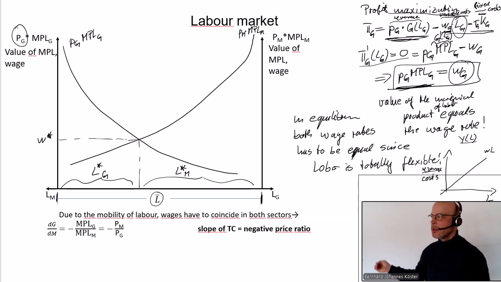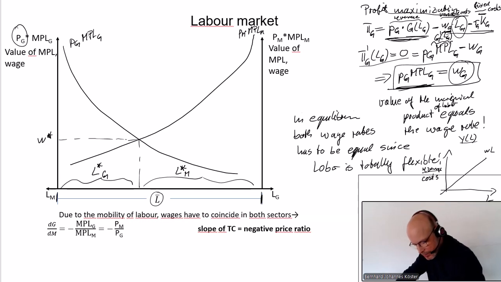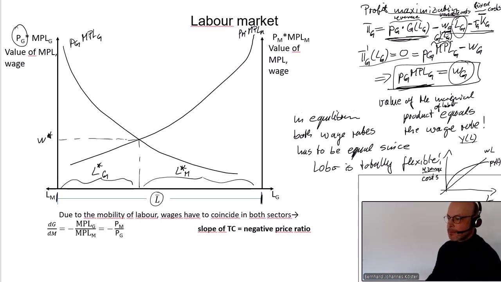So 3 times square root of L looks more or less the same as square root of L. So this would be revenue. The difference between the two curves is profits. This is cost, this is revenue. So profit is the difference.